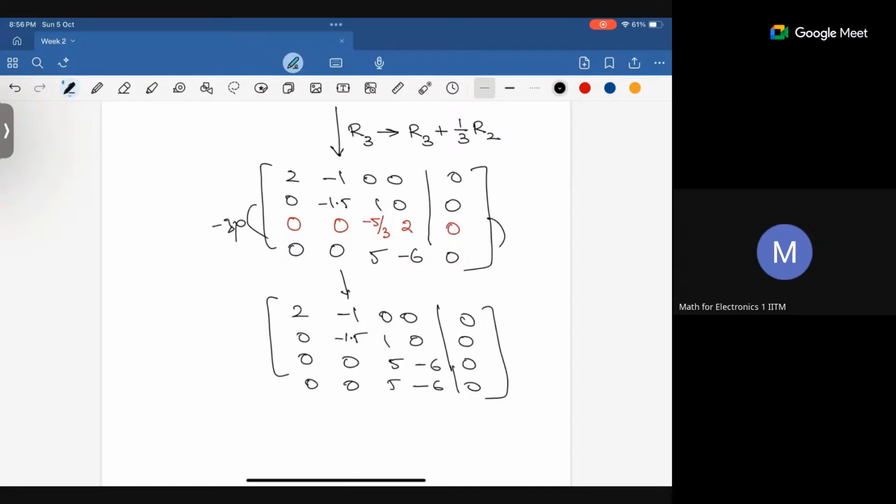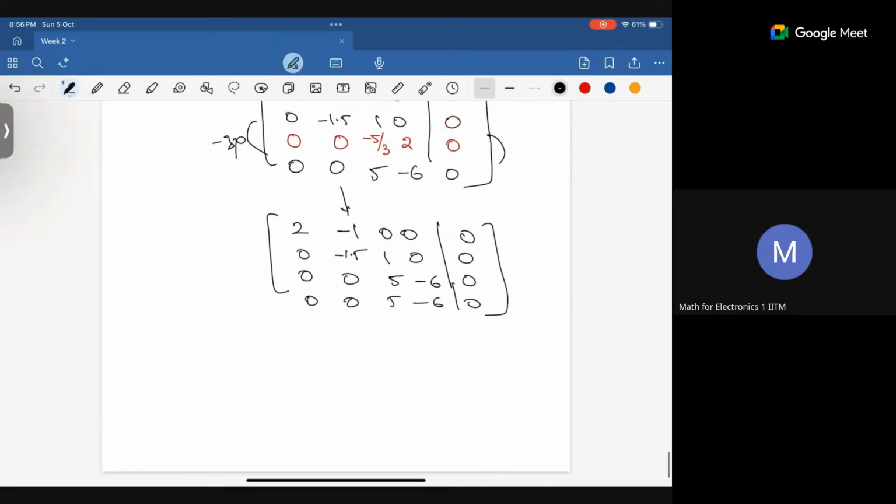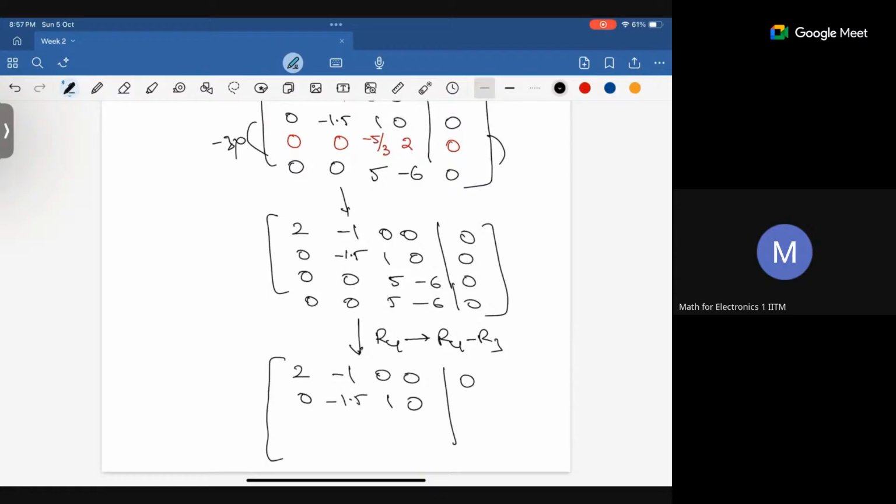And now if I just simply subtract row 4 with row 3, I'll have 2, minus 1, 0, 0, 0, 0, minus 1.5, 1, 0, 0, 0, 0, 5, minus 6, 0, 0, 0, 0, 0. So the last row became 0, and the system is also consistent. That means it has a solution because this is also 0.